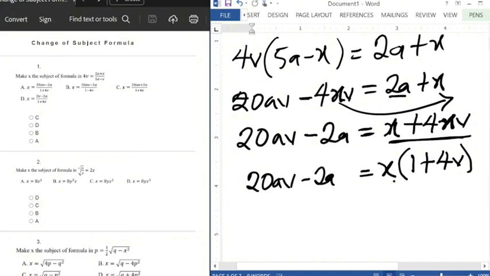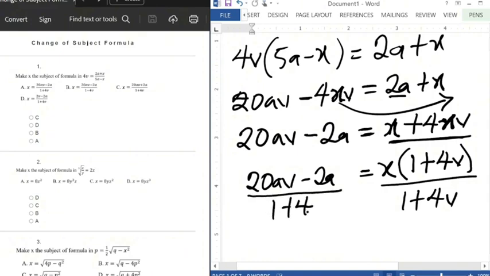Don't forget what we are looking for is x. What is disturbing our x is 1 plus 4v. So we divide both sides by 1 plus 4v. Are you with me? So we cancel this.